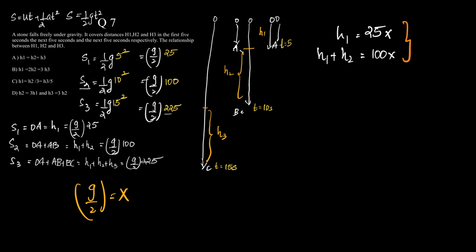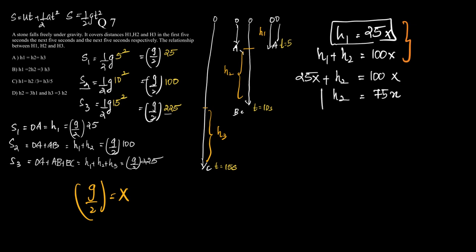Since h1 is 25x, I can write here that 25x plus h2 is equal to 100x, and h2 is equal to 100x minus 25x, which is equal to 75x. So h1 is 25x and h2 is 75x.